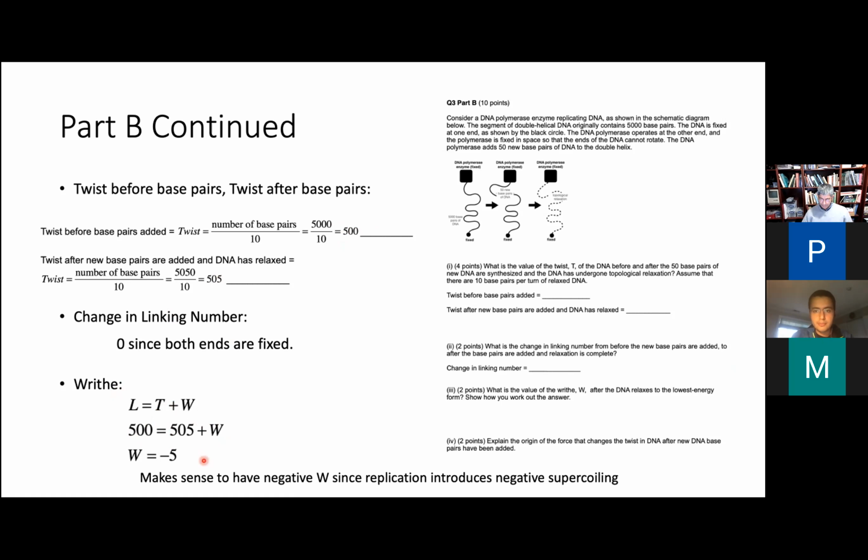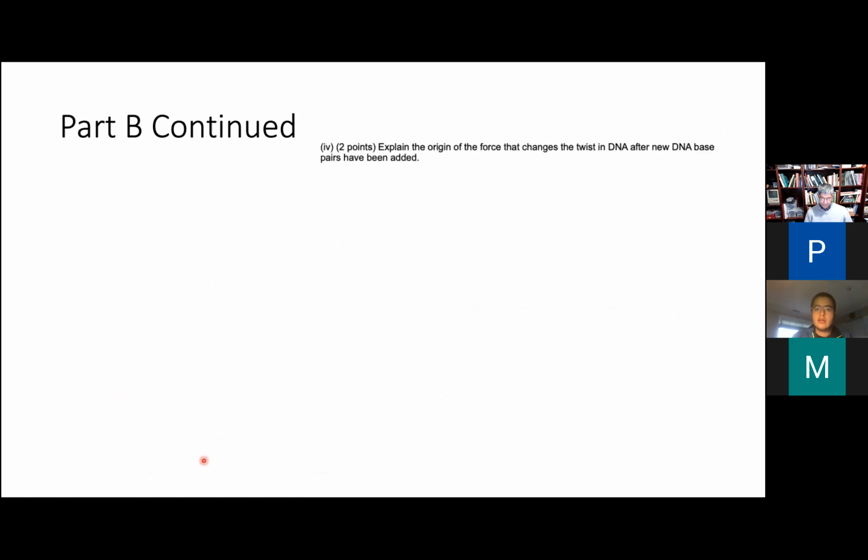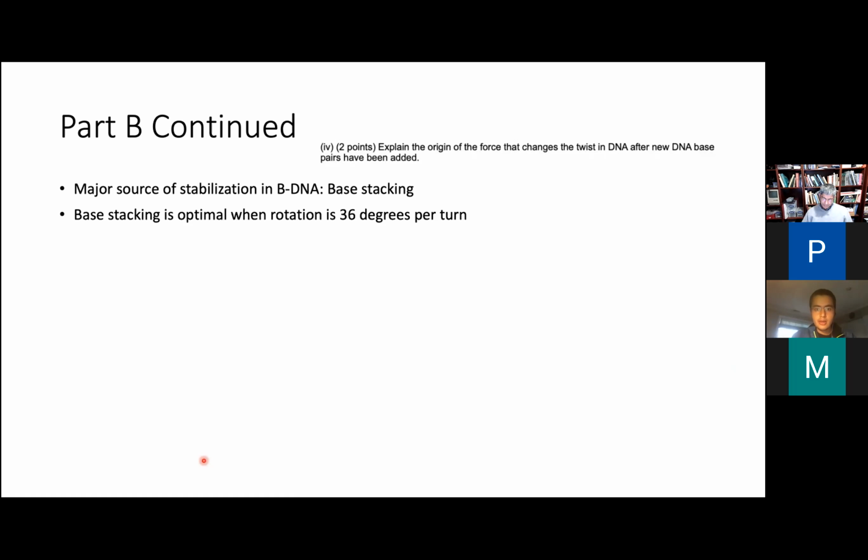So that makes sense. And then finally, the last part asks why this is happening. What's the conceptual reasoning behind this twisting and supercoiling? Well, as you guys have known before, a major source of stabilization in DNA is base stacking, and base stacking is optimal when there's 36 degrees per turn.